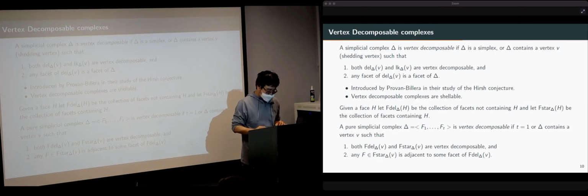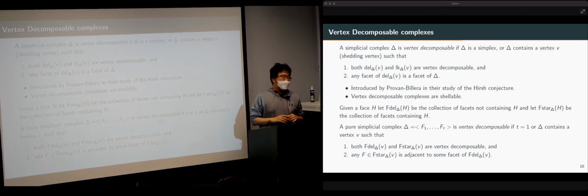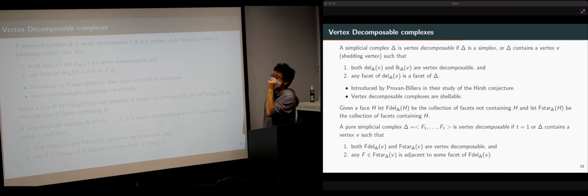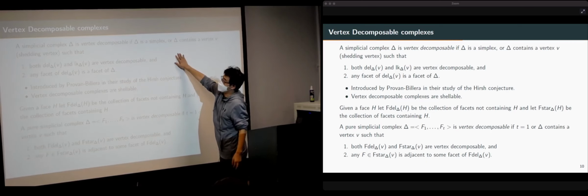So what we want to do is look at a very nice small class of shellable complexes that behaves nicely, not just with respect to the link, but also to the deletion. So here's the definition.